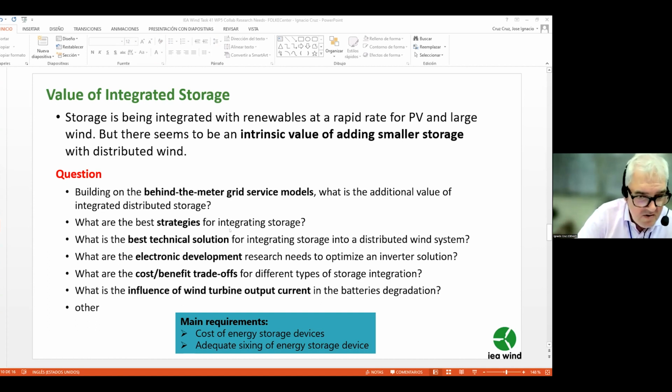The electronic solution is required to be integrated in an optimal way, and the general cost of energy storage needs to be addressed. Adequate sizing of the energy storage device is really important to integrate it in the right way in the system.